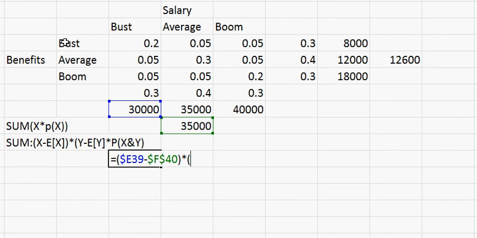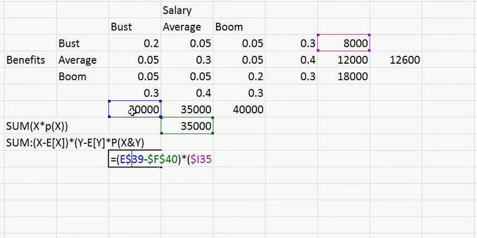If I'm here in the bust state, I have 30,000 in salary and I have 8,000 in benefits. We want to make sure that this stays in column I, and this should actually be row 39.